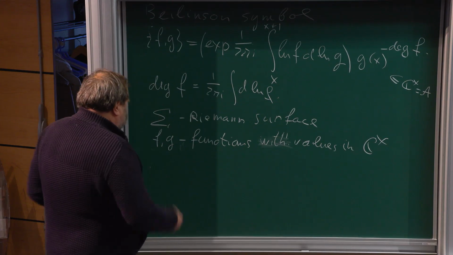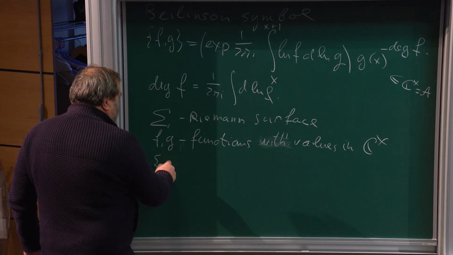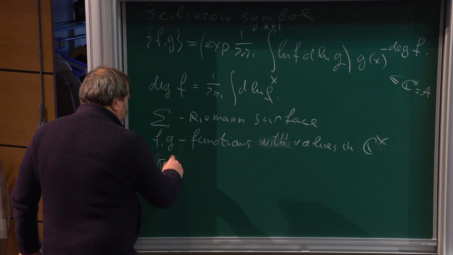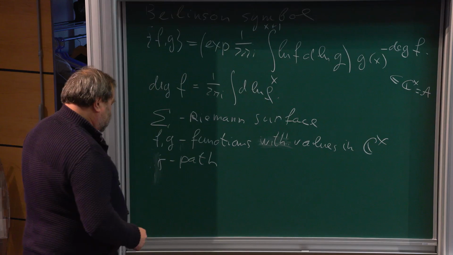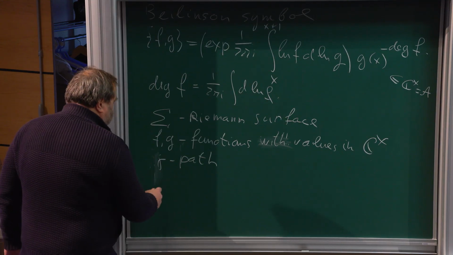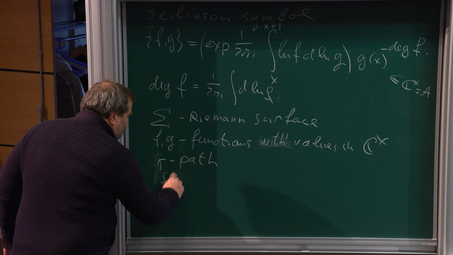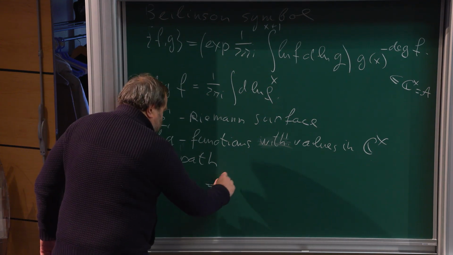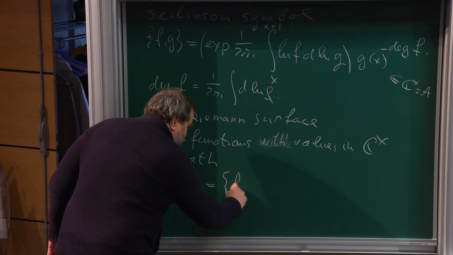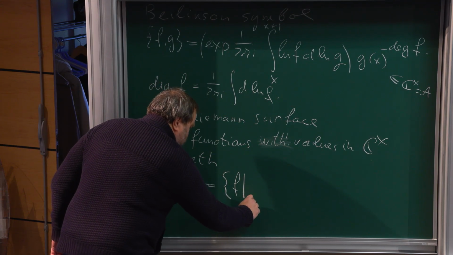And then it's just a definition: gamma is a path in the domain of definition of f and g. Then, by definition, the symbol {f, g}_gamma is the symbol of the two functions restricted to gamma.